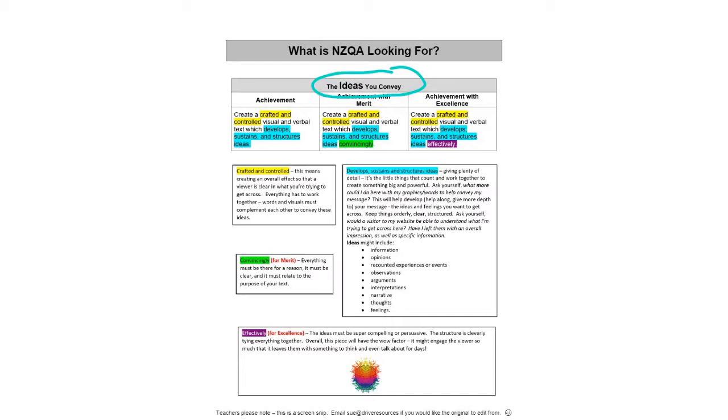Obviously, structuring, you're thinking about how you are navigating through your website, but also how things like visual and verbal techniques work together. We've got a few questions here that you could ask to help you hone in on that and how you're catering to your ideas, whether or not you're getting those across. For example, we say here, ask yourself, what more could I do here with my graphics or words to help convey my message?